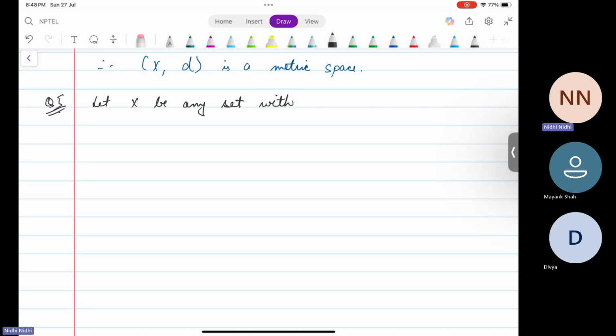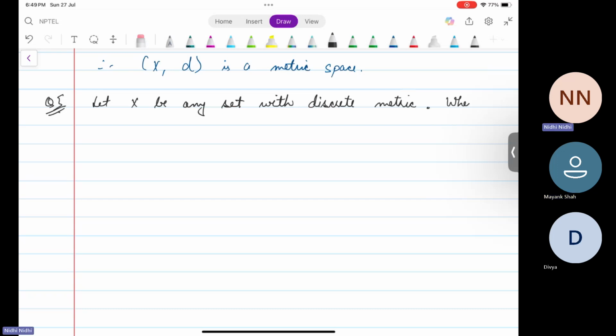So can you tell me how this discrete metric was defined? Yes, ma'am. d(x,y) equals 0 if x equals y, and 1 if x is not equal to y.